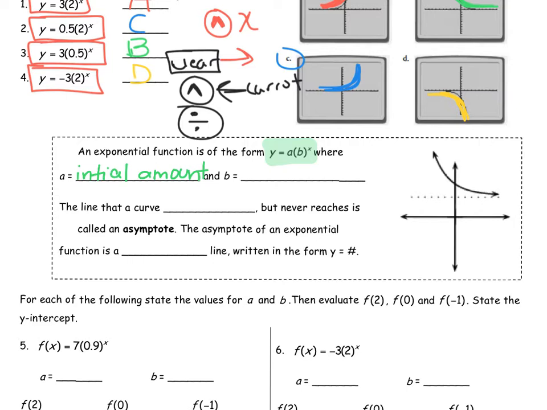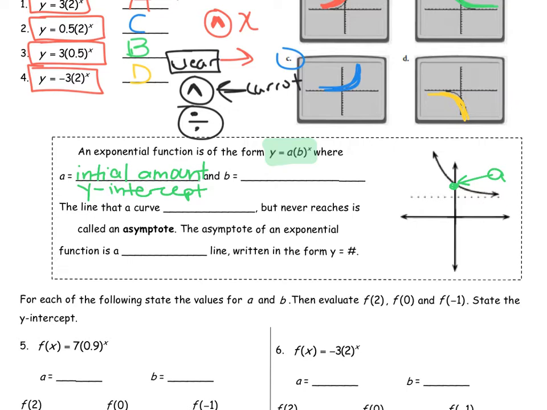Think about when we were talking about quadratics, when we had the initial height something was being thrown. That initial amount or our initial height, to put it in perspective, that's always going to be our y-intercept. So a in this case is also going to represent the y-intercept.